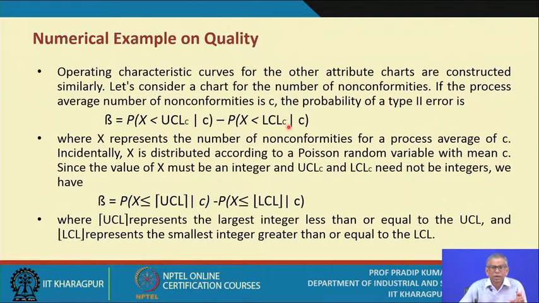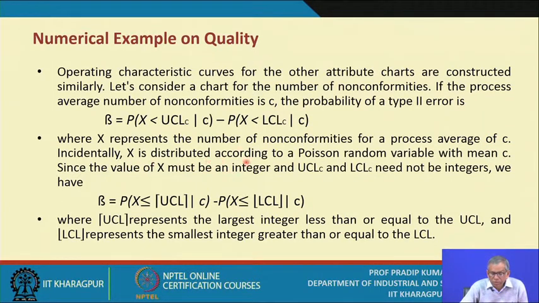That means the area between the upper control limit and the lower control limit for the C control chart, given a particular value of C, where x represents the number of non-conformities for a process average of C.